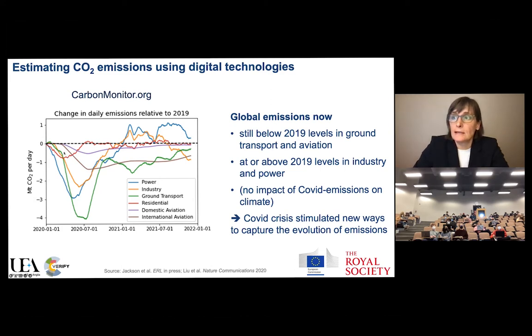You see that the emissions from ground transport in green here are still quite a bit below 2019 level, and same with aviation, mostly international, less so domestic, and that the emissions from the power and industry sector are then above or very close to 2019 level. So all this to say that actually the COVID crisis stimulated new ways to capture the evolution of the emissions, and these ways are now here to stay in the scientific world.